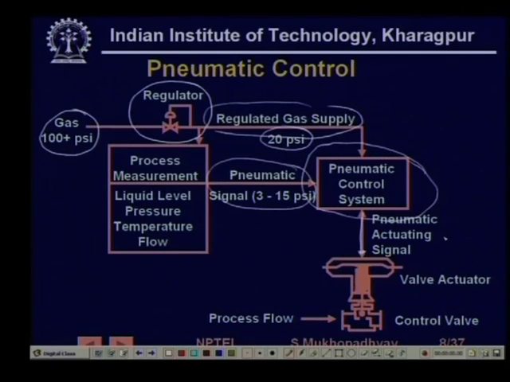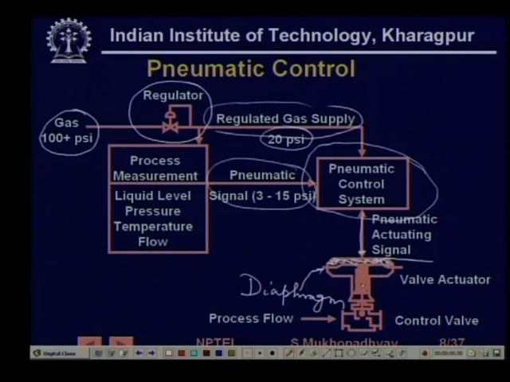In this case, the application that we have shown is a valve actuator, where this valve is moved using pressure on this diaphragm. So, using this pressurized gas, you apply pressure in this cavity.